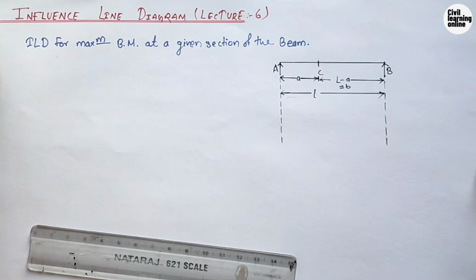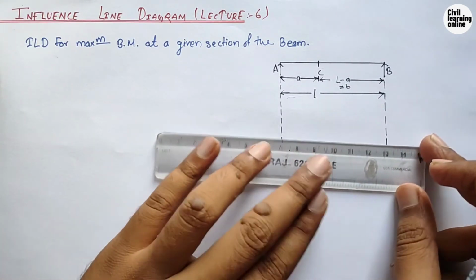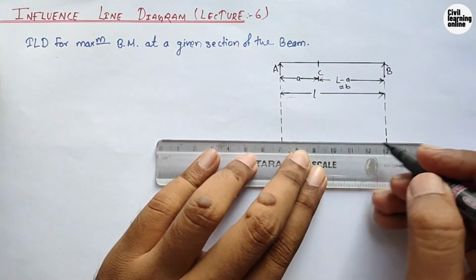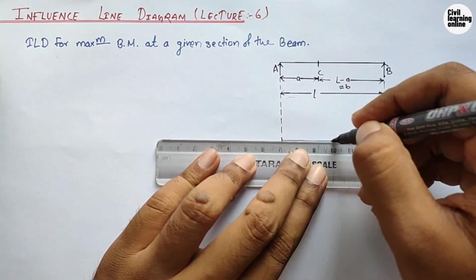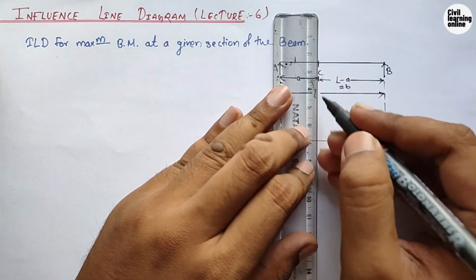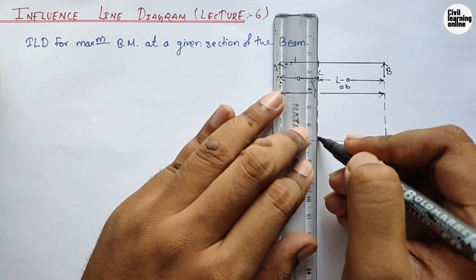Now see further. What we need to do is draw the influence line diagram for the moment at C. So let us draw the influence line diagram for the moment at C. It will be of this manner.